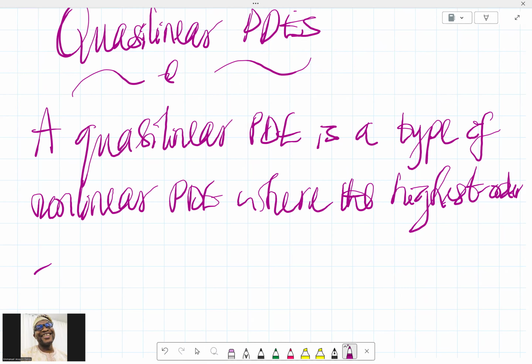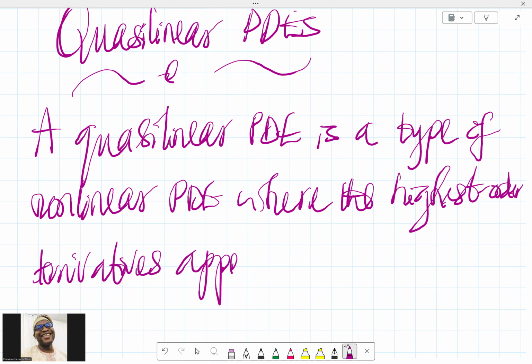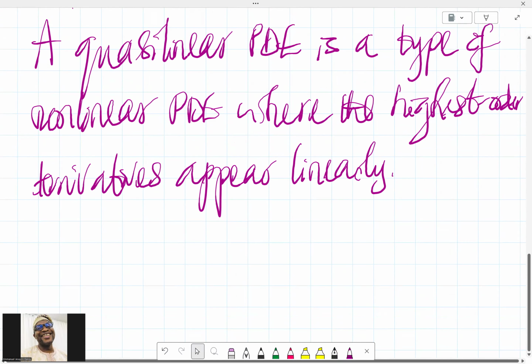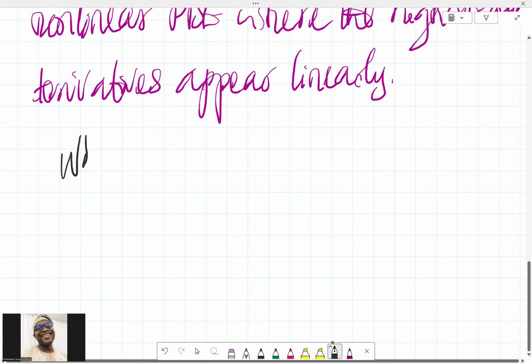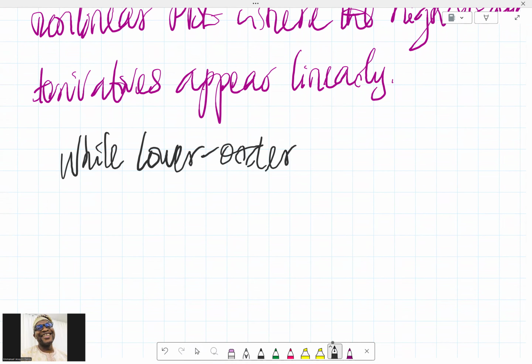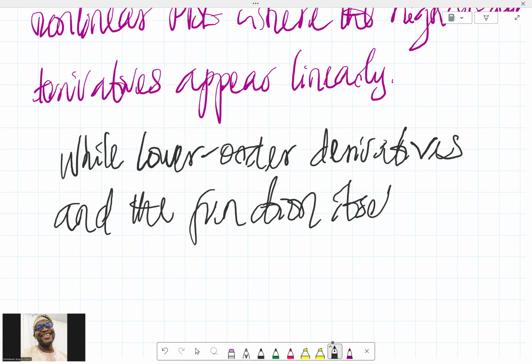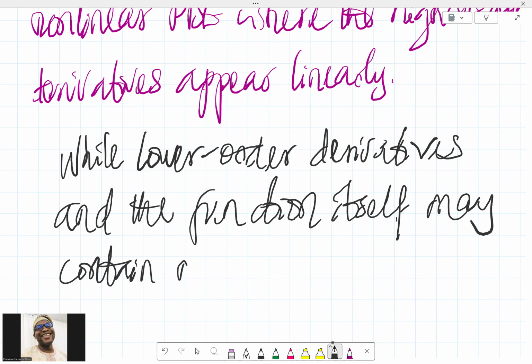The highest order derivatives appear linearly, and the other lower orders are not necessarily like that. While lower order derivatives and the function itself may contain nonlinear terms.